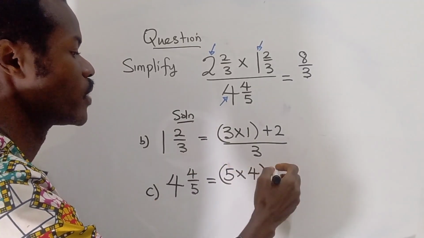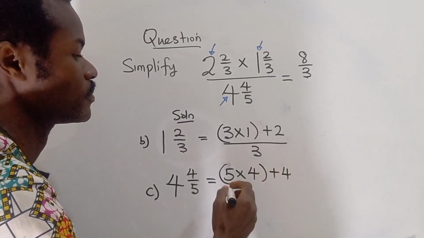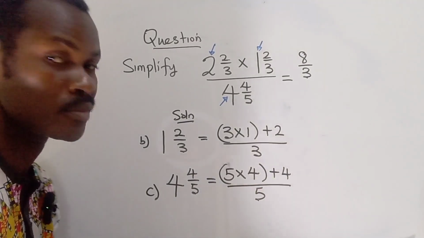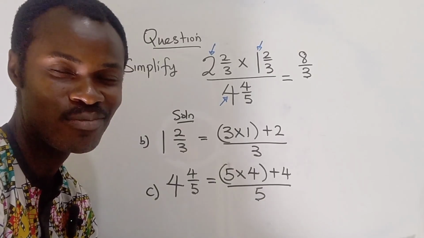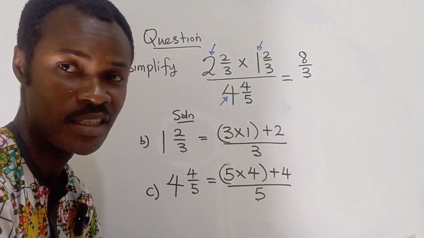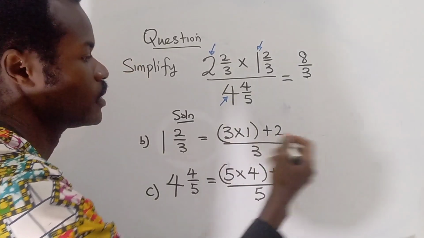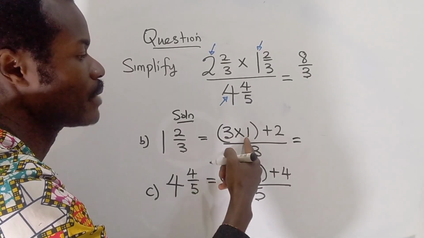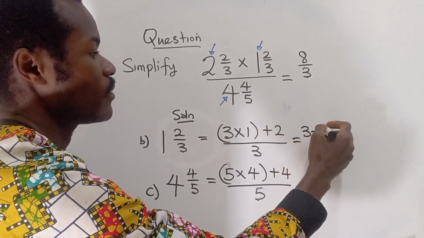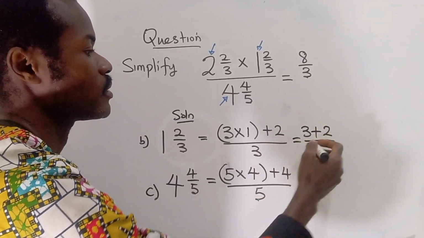Now coming to 4, we are going to add, and coming back to 5, we are going to divide. So with this, you can simply convert your mixed fractions to improper fractions. For this, we get 3 times 1 is 3. So we have 3 plus 2, divided by 3.